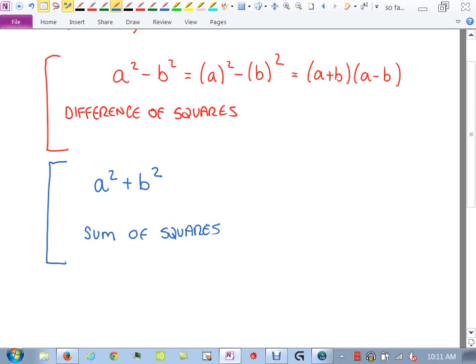If we have two things being squared with a minus between them, it is a difference, right? Difference meaning subtraction. If we have subtraction between two squares, it will break down to be this. But if that minus is replaced with a plus, it's no longer a difference, it is a sum of squares. And we ask ourselves, is there a formula that will allow us to factor it?